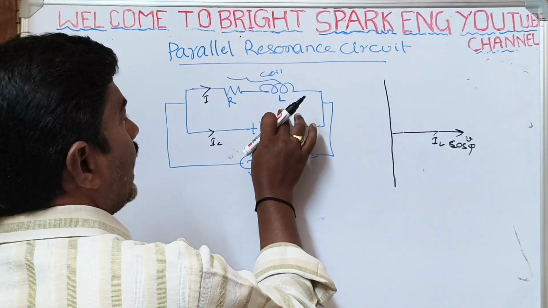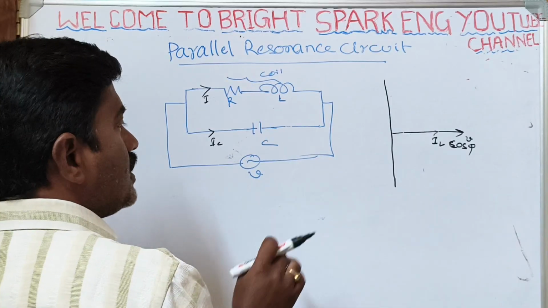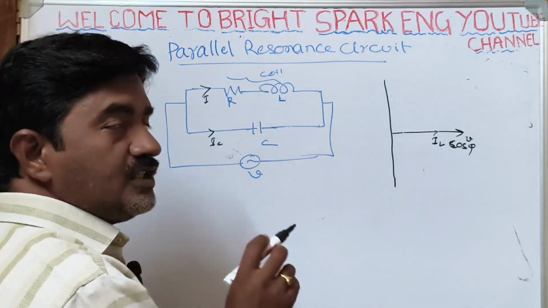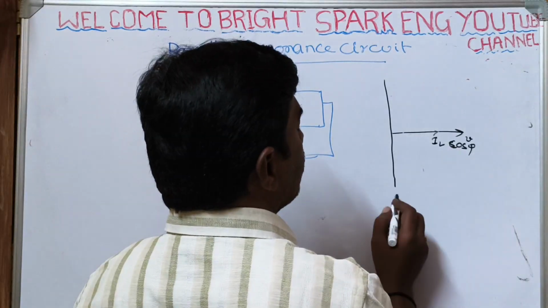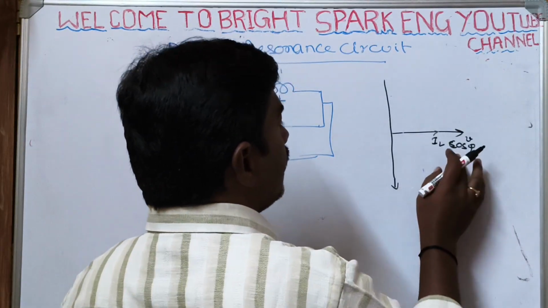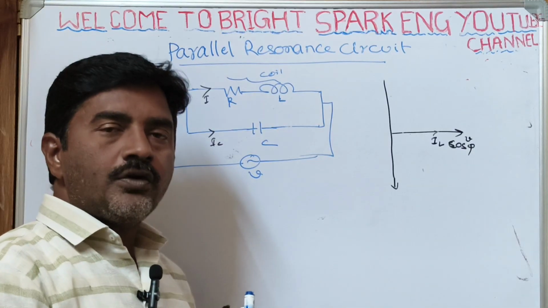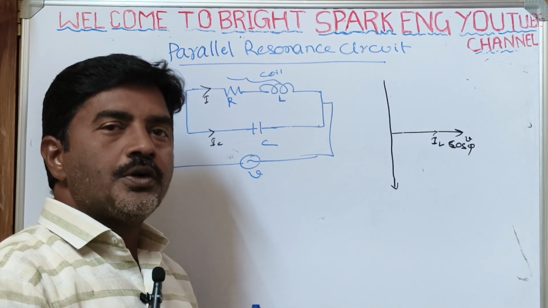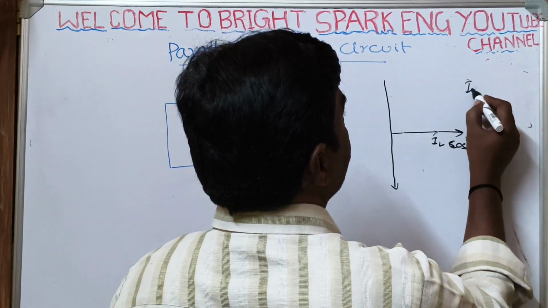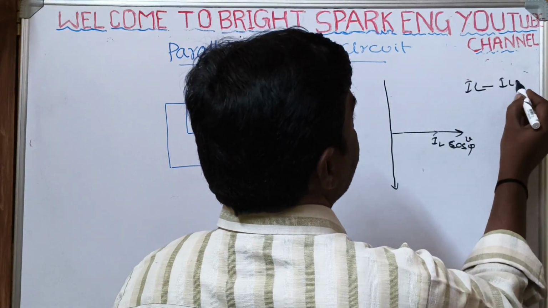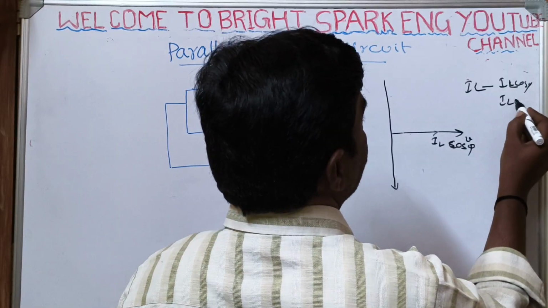The current through the inductor or coil, that cos phi component is in phase with the supply voltage. This is the VL. Means the total inductive current is divided into two components, IL cos phi and IL sin phi.